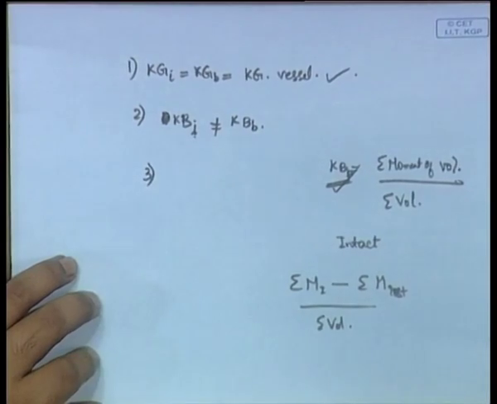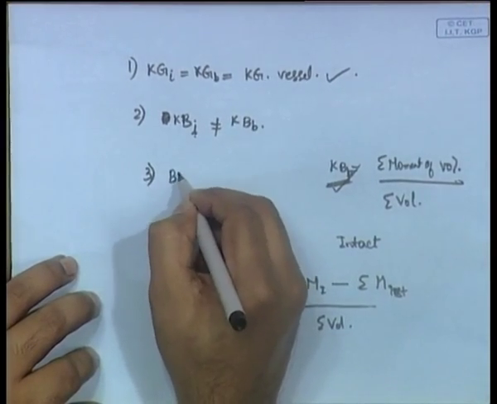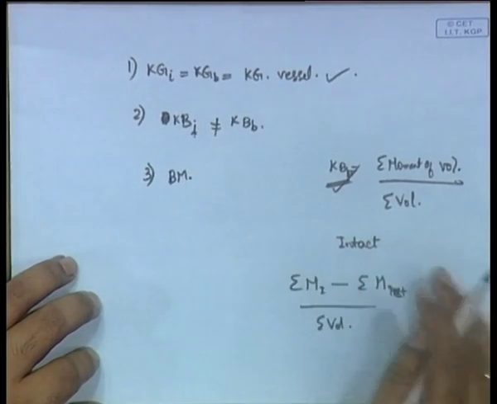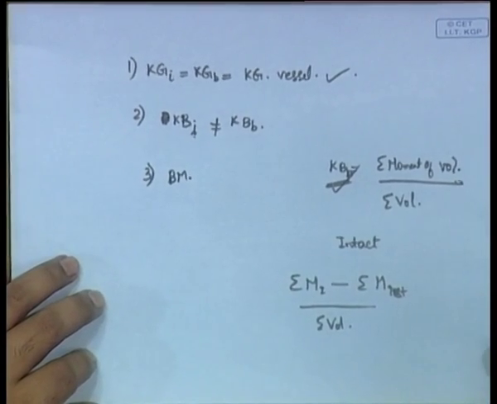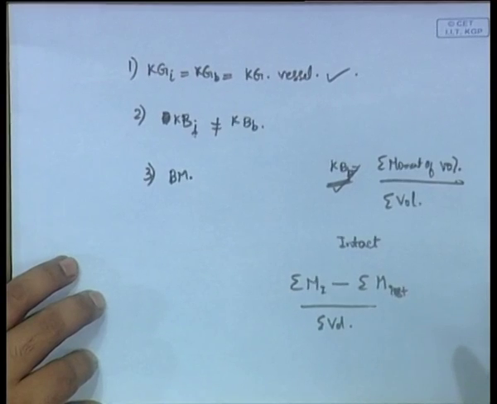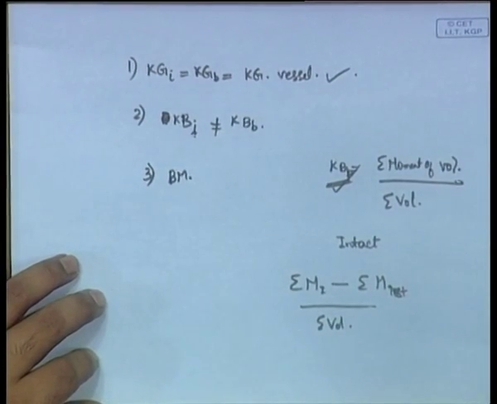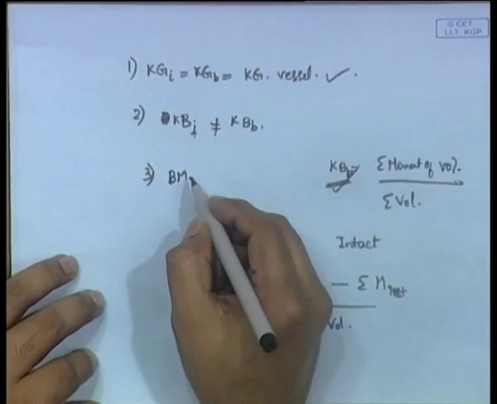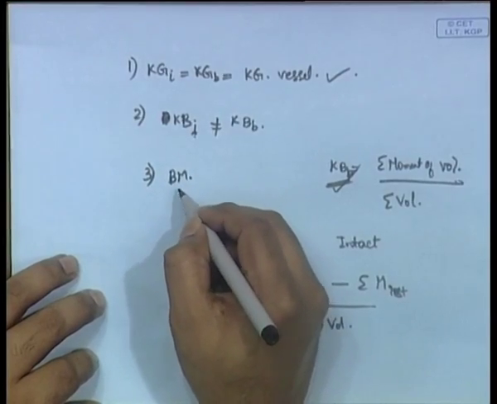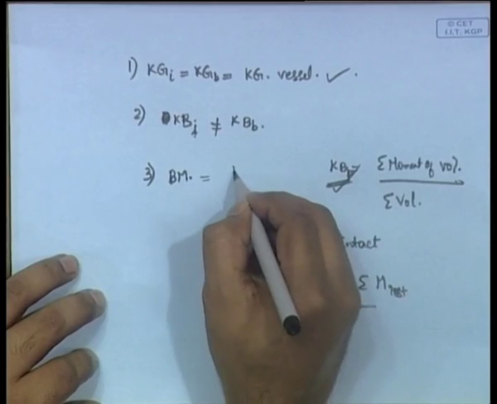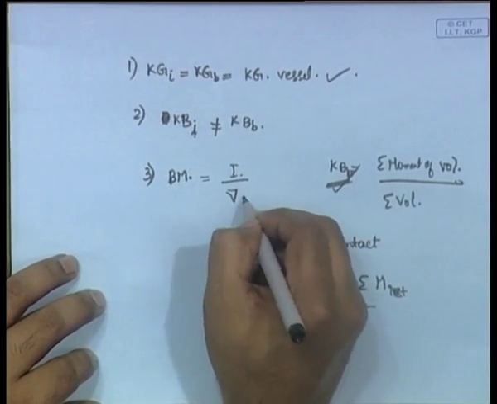Then your BM also will be different, because the position of B is changing. The only thing that won't change is your G, the position of your center of gravity. But BM changes because B changes. So, BM you will have to calculate as I by del.